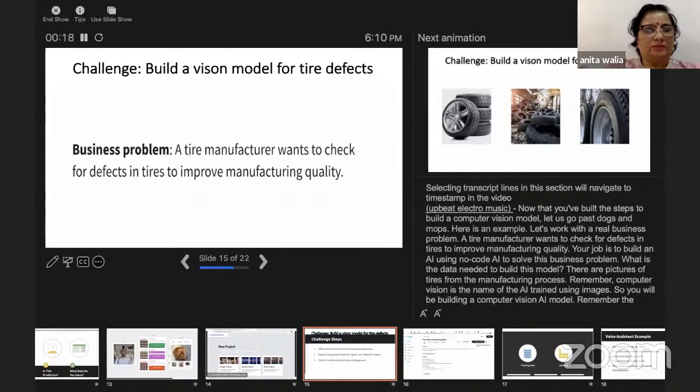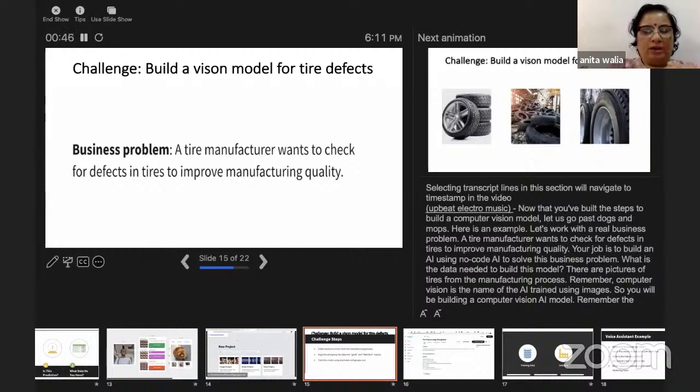Now let's look at this. This is a problem I'm giving to you. So you have to build a vision model for tire defect. That means there is a business problem. A tire manufacturing company wants to check for defects in the tire to improve their manufacturing quality. What happens when a tire manufacturing company manufactures tires? There may be thousands and thousands of tires which are produced.